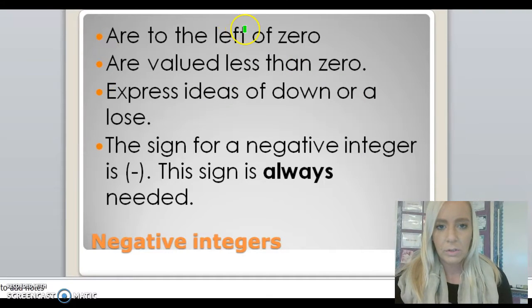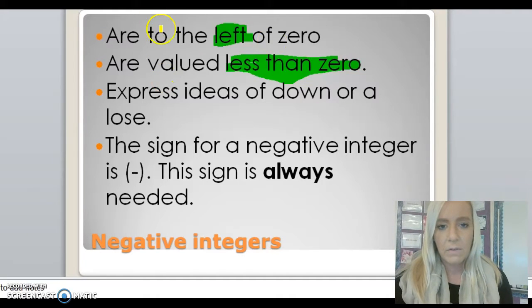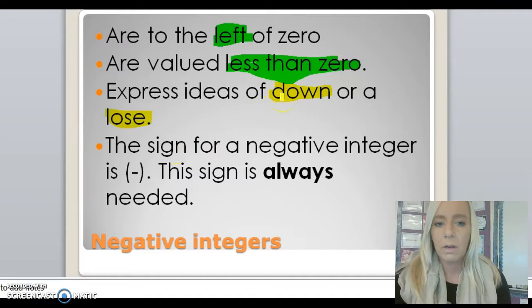Negative numbers are to the left of 0. They are valued at less than 0. So on a number line, they go to the left. Typically, negative numbers express ideas of something going down or if you lose something. So for example, if you go down a ski slope, your elevation is decreasing, therefore it's negative.